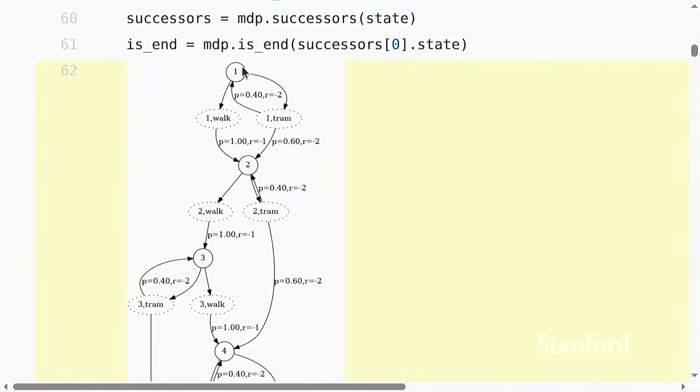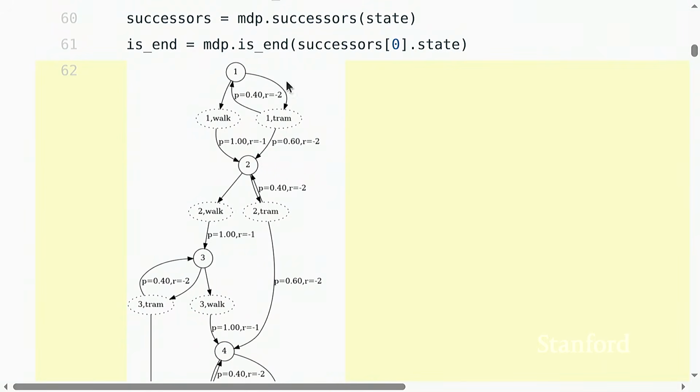Okay, from 1 you can walk, and I'm using these dotted circles to represent that I'm at a state and I've taken an action. I call these chance nodes because at this point there could be multiple places I go, right? But in this case, if I take the walk action from state 1, then with probability 1, I end up in state 2 with a reward of minus 1.